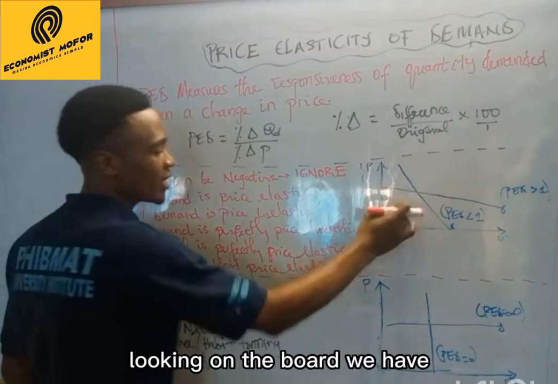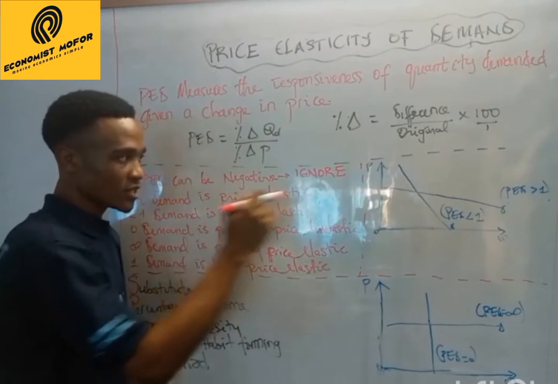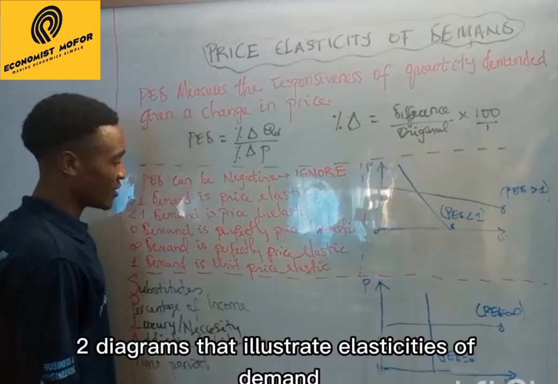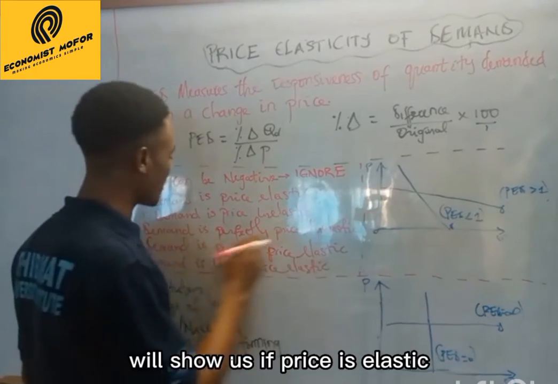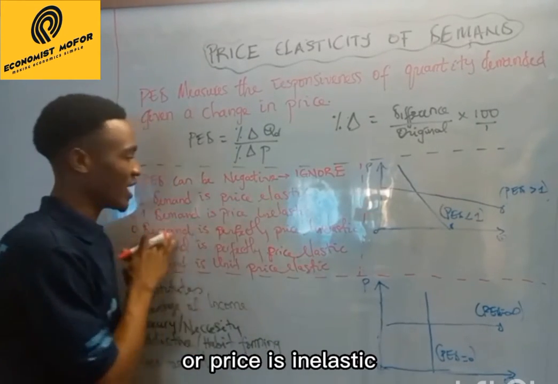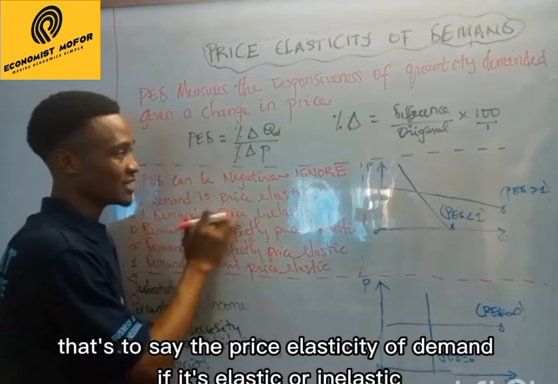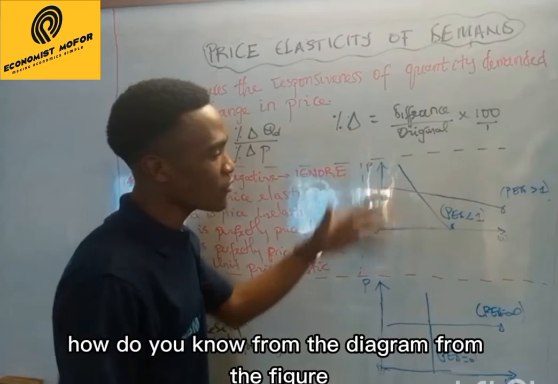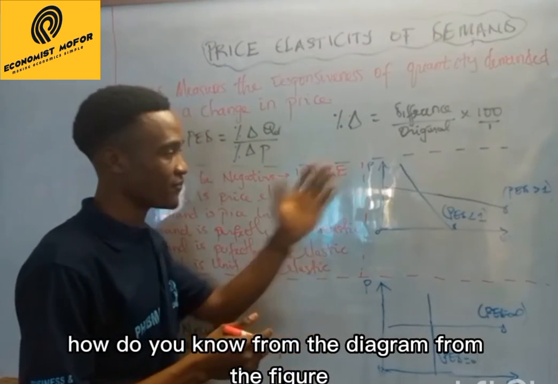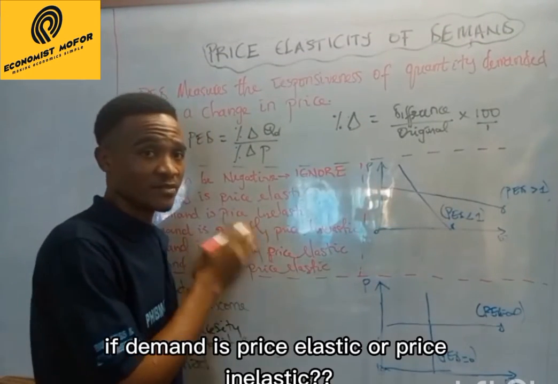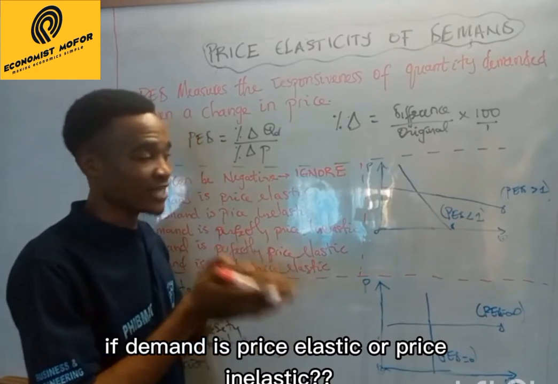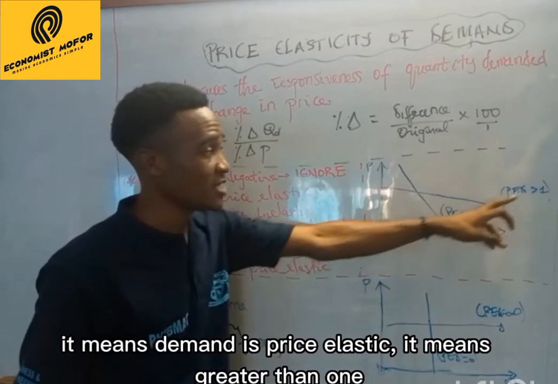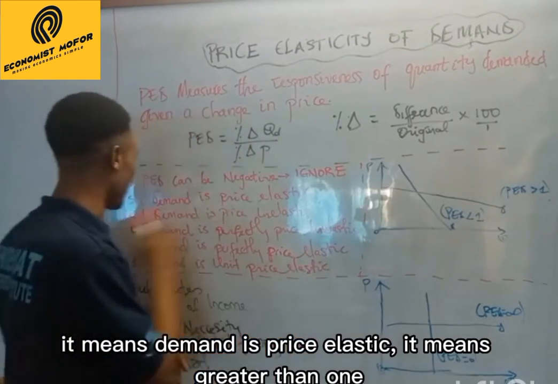Looking on the board, we have two diagrams that illustrate elasticities of demand. The first diagram will show us if demand is price elastic or price inelastic. So how do you know from the diagram, from the curve, if demand is price elastic or price inelastic? When the demand curve touches the y-axis, it means demand is price elastic, greater than 1, okay?